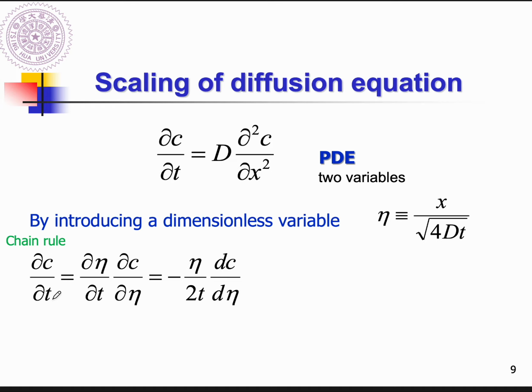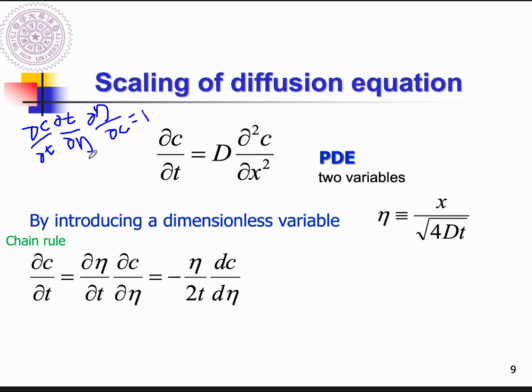The chain rule equation actually is partial c, partial t, times partial t, partial eta, and also times the partial eta, partial c, and you got the 1. This is the rule, this is the chain rule.